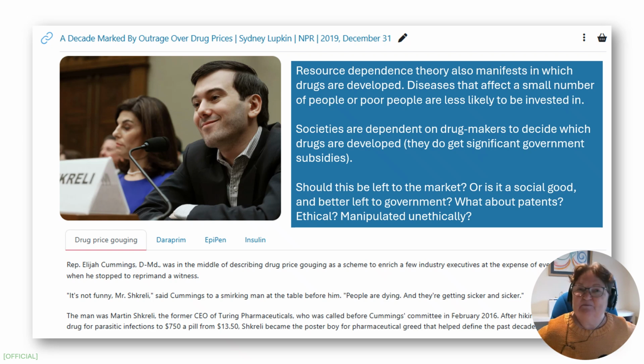Should this be left to the market? Or is drug development a social good and better left to government control? What about patents? What do they do to pricing? Patents increase the power of the pharmaceutical company to control the output and the price of the drug. And the people who need the drug have little power.